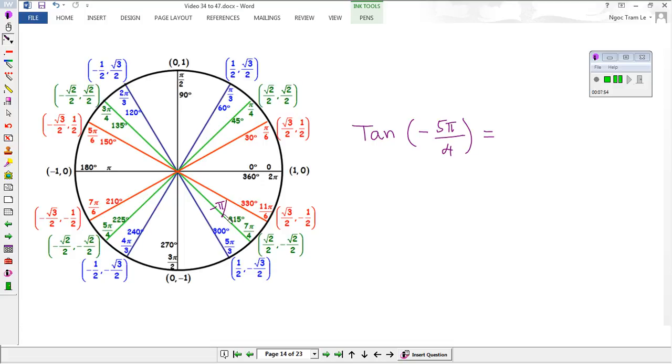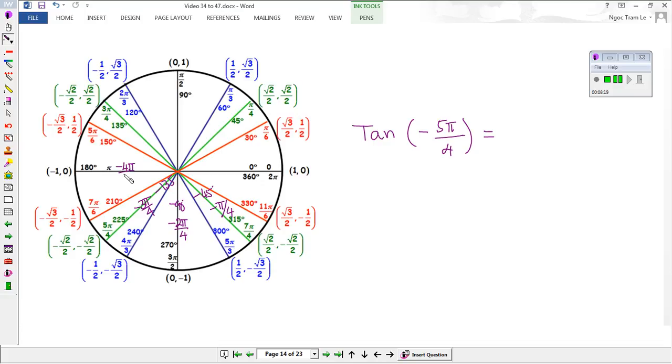This will be negative 1 pi over 4 or negative 45 degrees. And this is negative 2 pi over 4 or negative 90 degrees. This is negative 3 pi over 4 or negative 135 degrees.